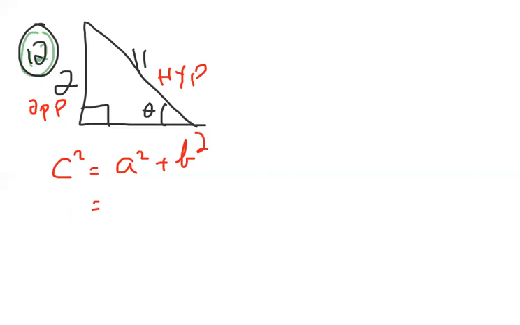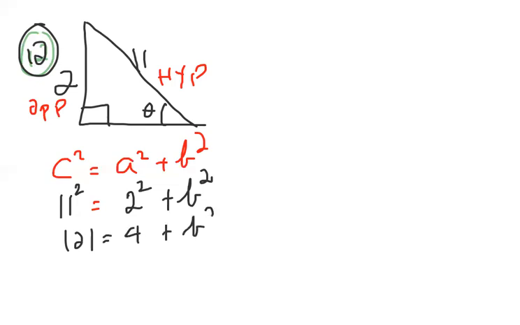Okay, so guys, I'm going to plug in the 11 for C, plug in the 2 for A, and I'm going to solve for B. So now work it out. 121 is equal to 4 plus B squared. Subtract 4 from both sides. All right, guys, so we're going to end up with 117 is equal to B squared.